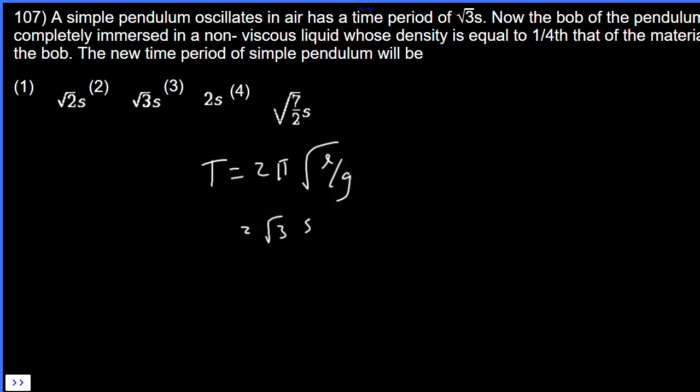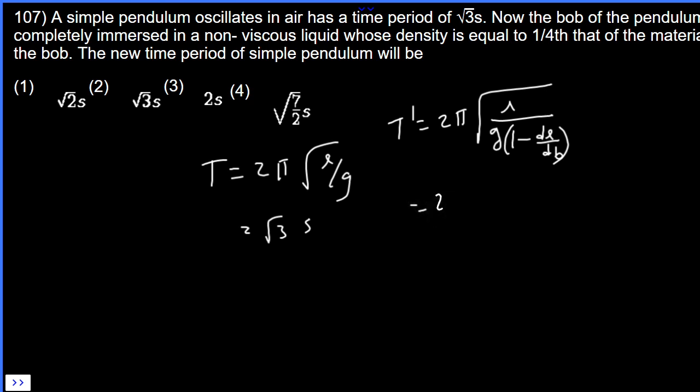When the simple pendulum is completely immersed in a liquid, the time period becomes 2 pi into root of L by G into 1 minus dl by dB. Here the liquid density is given as 1 by 4 of the bob material density, so dl by dB is 1 by 4.